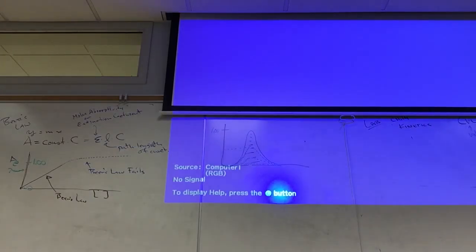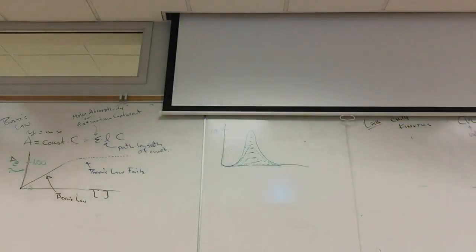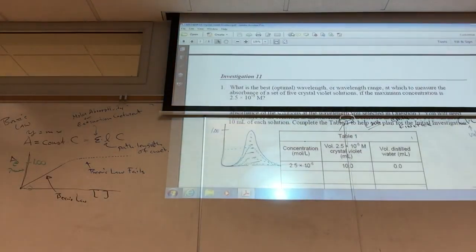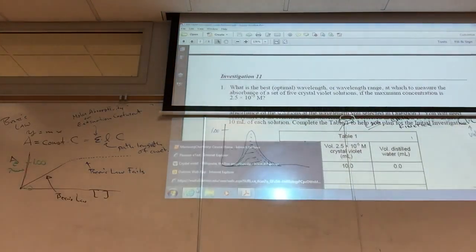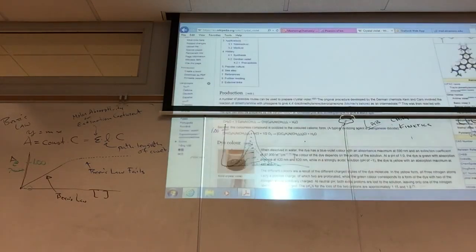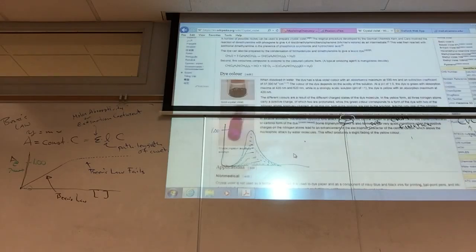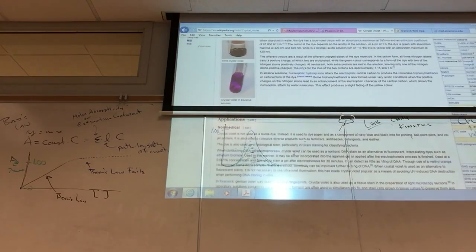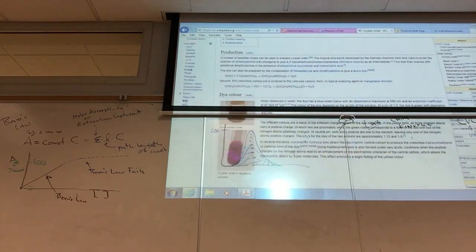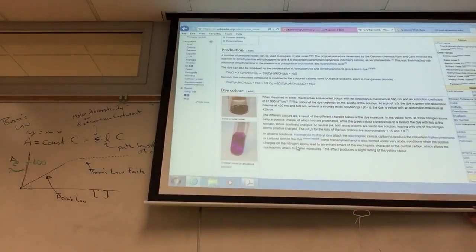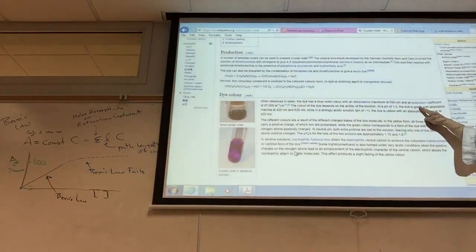The extinction coefficient, we're going to use this value. This is a value off Wikipedia.